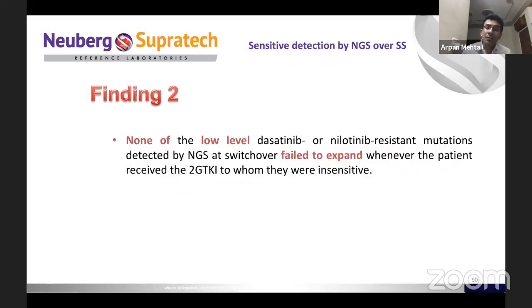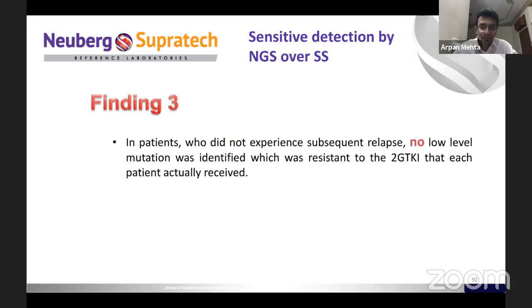The second finding was very interesting: all the low level dasatinib or nilotinib resistant mutations at switchover expanded whenever the patient received a second generation TKI to which they were insensitive, meaning that if there is a low level mutation and it is not appropriately dealt with, it will definitely expand. And the third finding is that in patients who did not experience subsequent relapse, no low level mutation was identified which was resistant to the second generation TKI that each patient actually received.